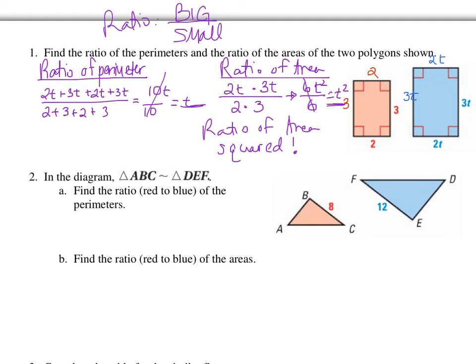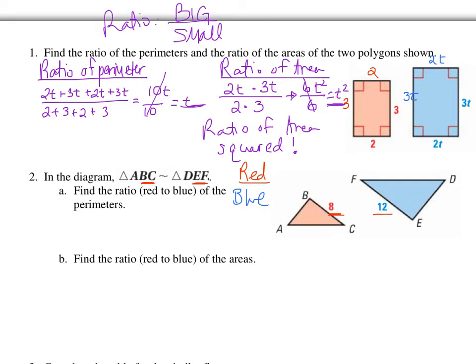For number 2, you are given that the two triangles are similar to each other, and it tells you the order. So you can see that BC is right here. So BC corresponds with side EF. So my 8 corresponds with my 12. And I need to find the ratio of the red to blue of the perimeters. So that means that my red numbers will be on top, my blue numbers will be on the bottom.